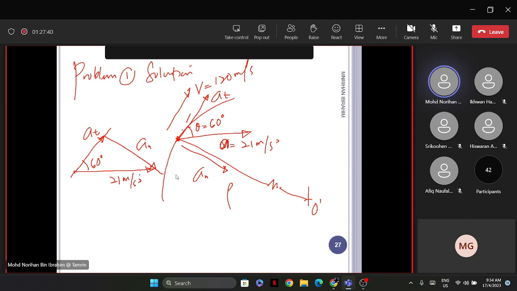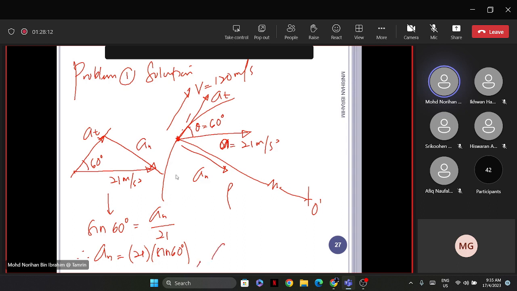Therefore, through these illustrations, sine 60 degree is equal to AN over 21. Therefore, AN, which is normal acceleration, is 21 multiplied with sine 60 degree.